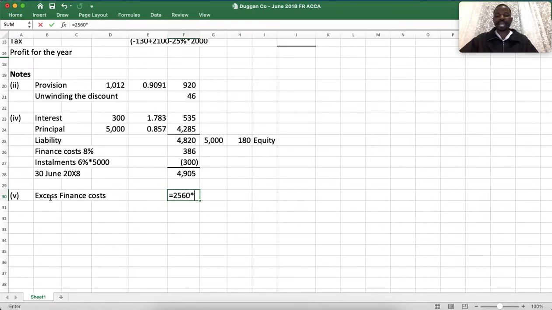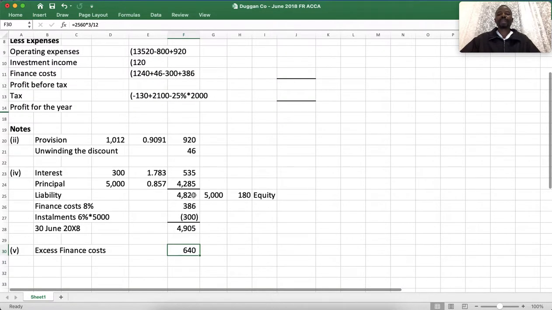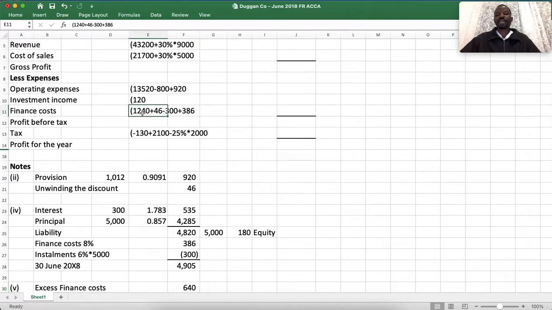Then we multiply this by 3 out of 12. Why 3 out of 12? Because April, May, June, the asset has already completed, so this should not be capitalized. So we come and add it here under finance cost 640.